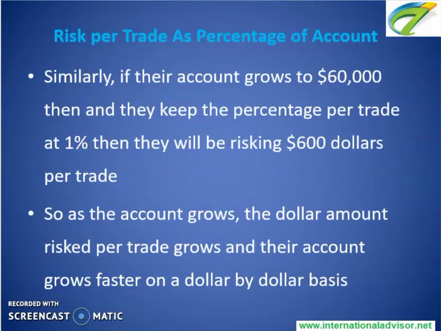Similarly, if their account grows from $50,000 to $60,000 and they keep the percentage per trade at 1%, they will be risking $600 per trade at this point. So as the account grows, the dollar amount risked per trade grows and their account grows faster on a dollar by dollar basis.